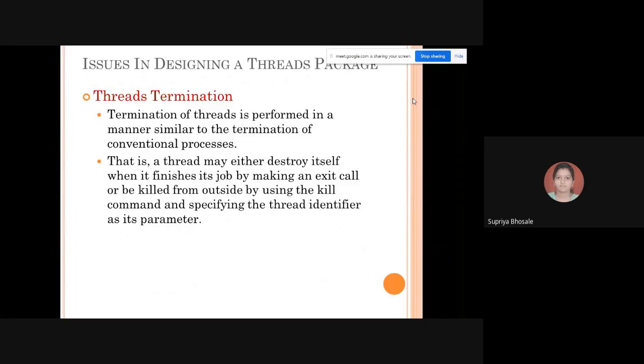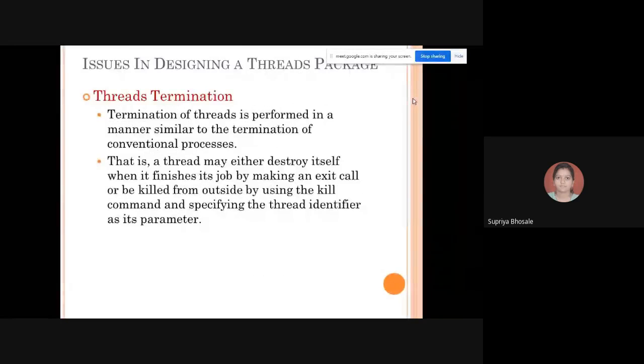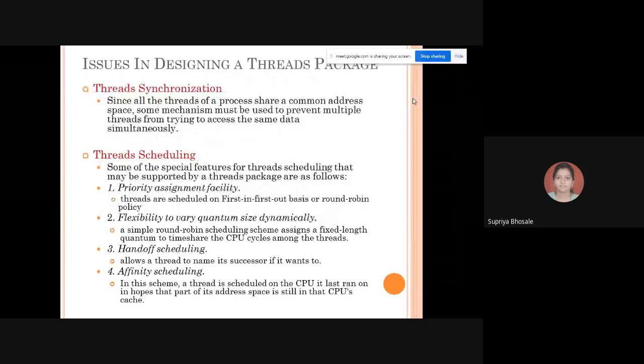Hope you remember how you have implemented the thread or threading kind of programs in case of Java, like your jugglers animation or any kind of clock tick pulses, pulse generation, etc. So that kind of application you can implement by using Java. So how the thread creation is done, thread termination is done, and how the synchronization between the 2 or many threads is being done, and threads scheduling.